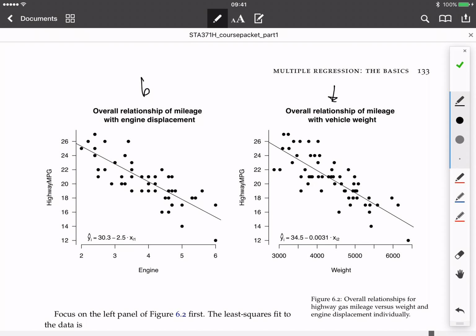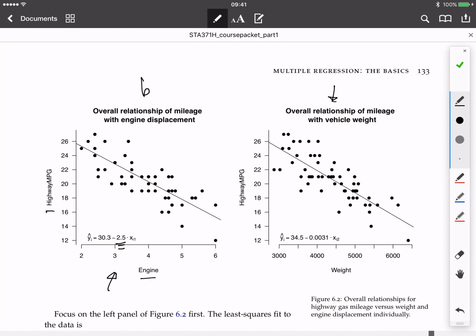Okay, and the slopes of these lines right here are denoted in the equations. Let's focus on this plot on the left-hand side first.